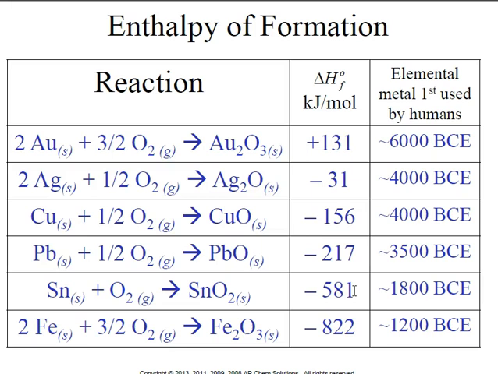What this is telling us is that in order for gold to oxidize, that's another word for rusting, you actually have to put energy in to make that happen. But these other metals, they rust easily and then even more easily as we go down, and we know that iron rusts really easily, which is why it has such a negative delta H value. It is preferable.